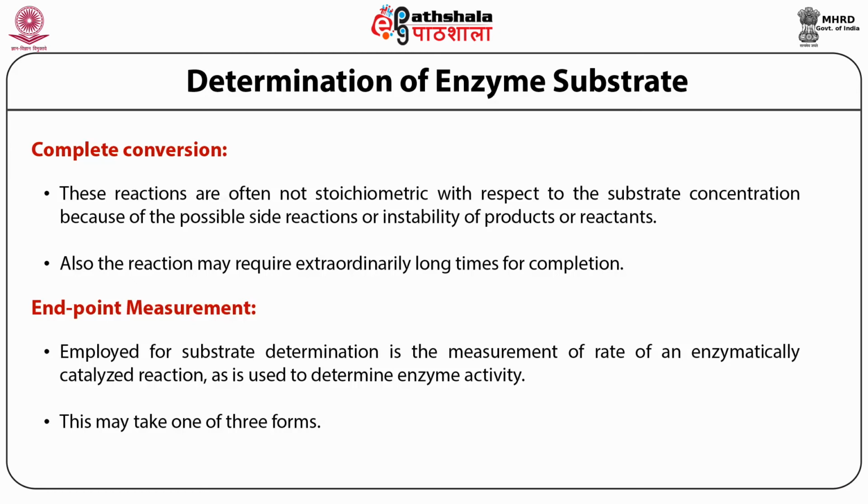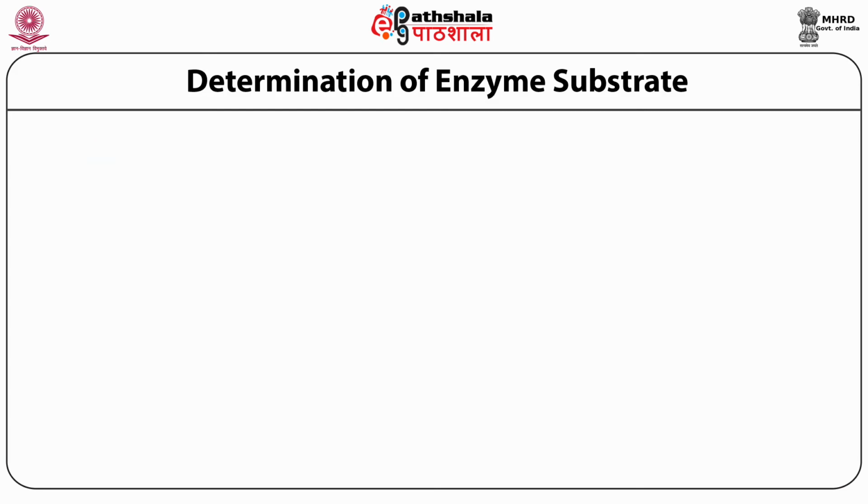Second, the amount of product formed or substrate consumed in a given time may be measured. These are single point measurements called the endpoint measurements and require well defined reaction conditions. They are easy to automate or may be performed manually.